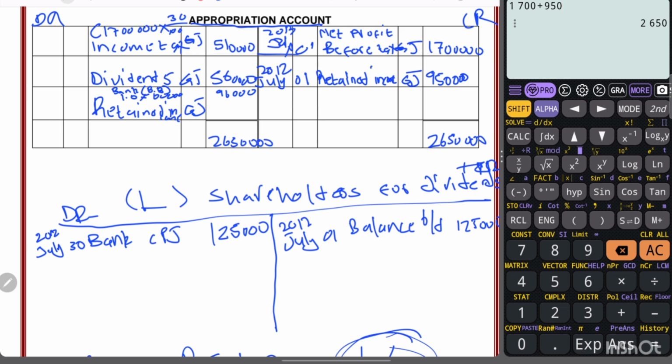All right. Then it's gonna be 2,650,000 minus now 96 minus 560 minus 510. Then our return income will be 1,484,000. Okay, this is our return income.